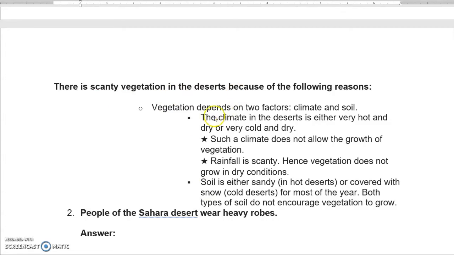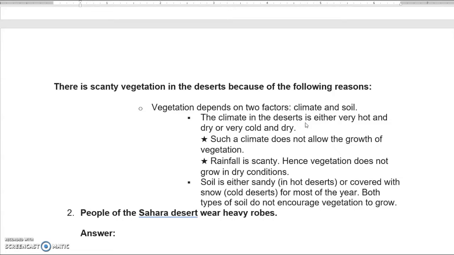Okay, once more, vegetation depends upon two factors, climate and soil. The climate in the deserts is either very hot and dry or very cold and dry. This type of climate does not allow the growth of vegetation. Then another reason is rainfall is scanty.